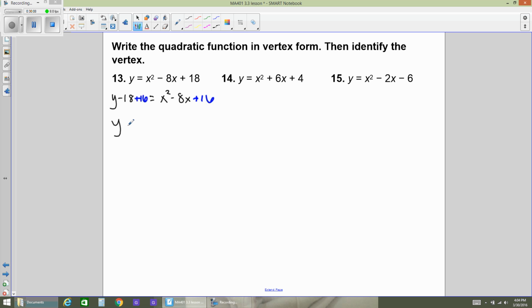So this is y minus 2 equals the quantity x minus 4 squared. So y equals x minus 4 in quantity squared plus 2, whose vertex is at positive 4, 2.